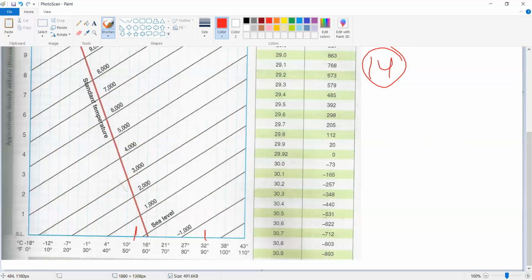So 1250 is near 1,000, so we'll put it somewhere here. All right, so we'll go up, and that intersects approximately, well, it's above the 3,000, and above 3,500 it appears. So we will say about 3,600, right?